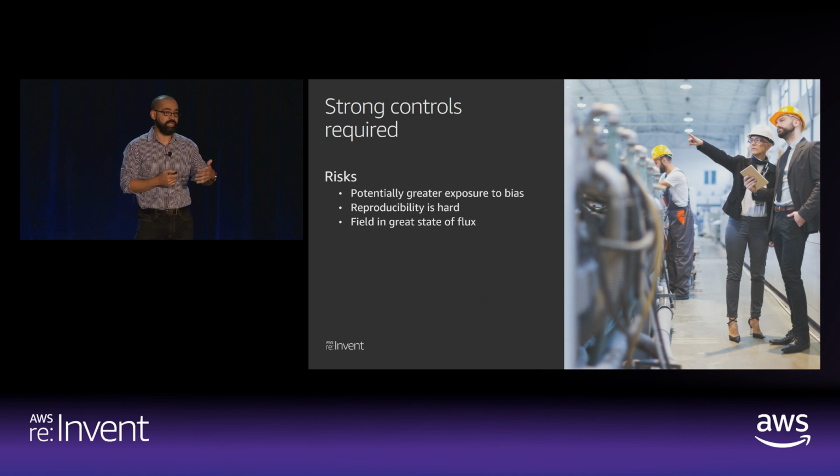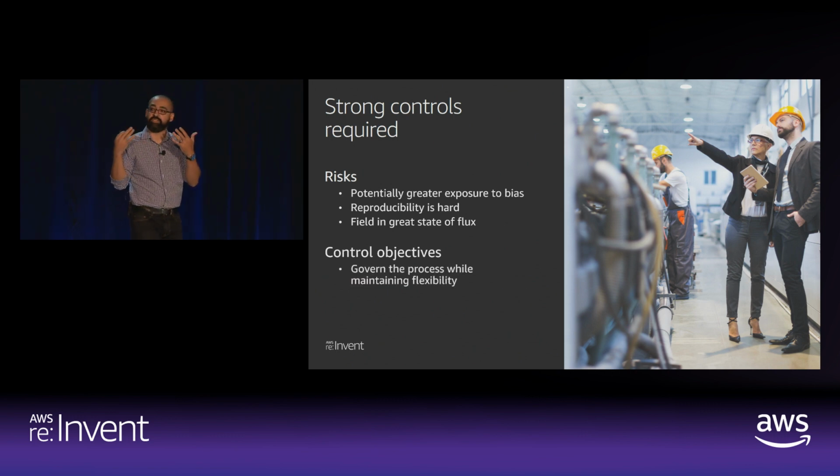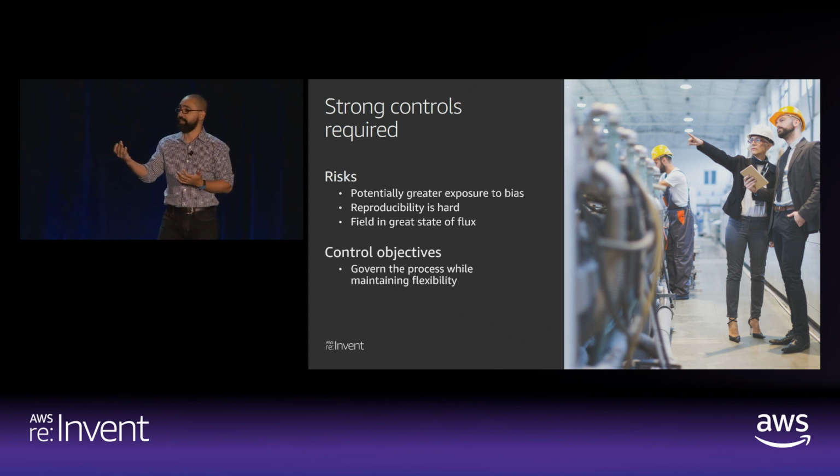So there are several risks here, technological risk, business risk, credit risk, that become apparent as you start to look at workloads like this. And what will happen is that you'll start to try to implement control objectives to mitigate those risks. So when I talk to my customers around workloads that have these kind of properties, they'll talk about wanting to govern their workflow such that they can provide, on the one hand, maximum flexibility to their machine learning professionals, while on the other hand, maintaining control.